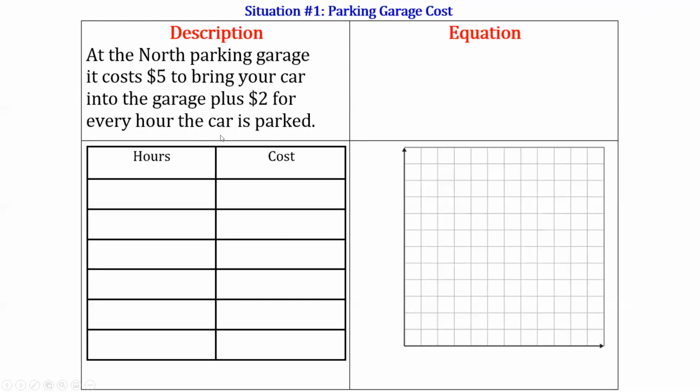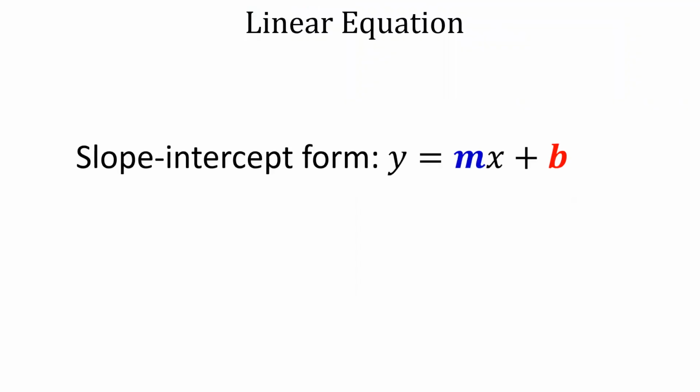Now that I have my description and I've identified the key pieces of information, I can write my equation. But before we do that, let's do a quick review of what the equation will look like in case you forgot. Remember, linear equations are typically in the form y equals mx plus b, which we call slope-intercept form.